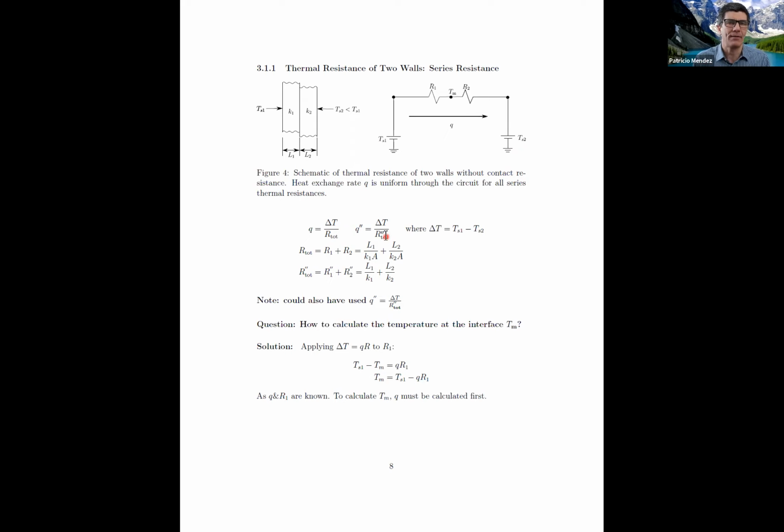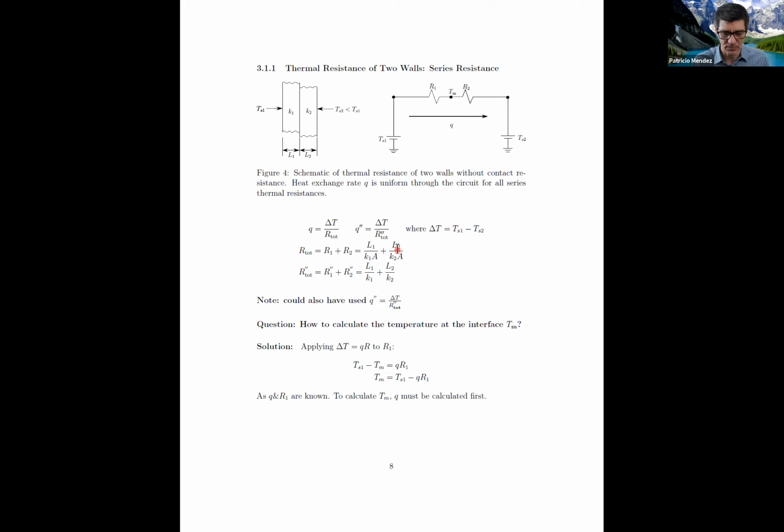Okay, and what is total resistance? Because these are resistors in series, the total resistance is the sum of the resistances. And so we have total resistance is R1 plus R2. That would be L over kA, that is the resistance for wall 1, plus the same thing for wall 2.